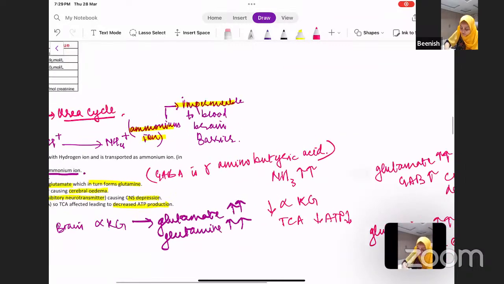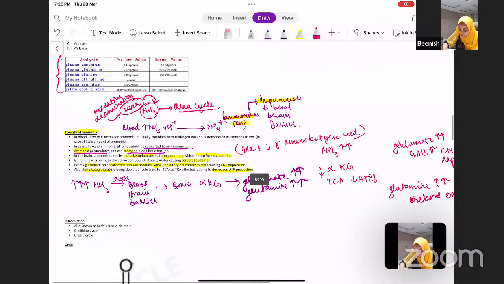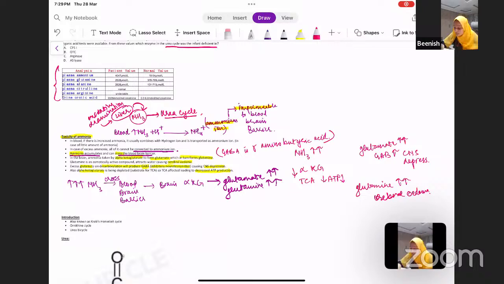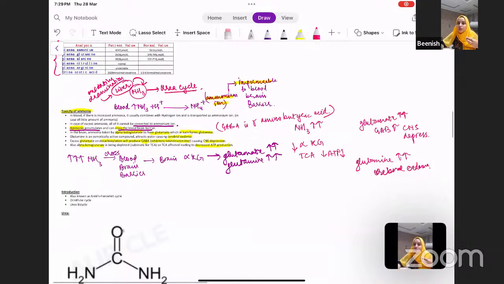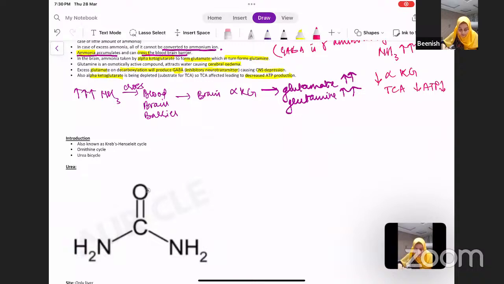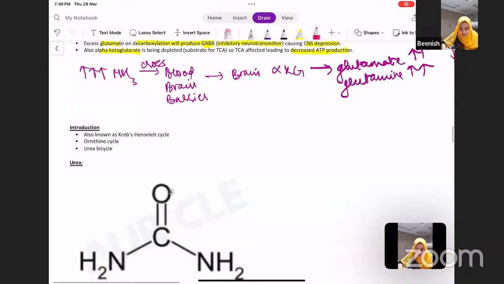So that was briefly about toxicity of ammonia. So now we know why it is so important to handle ammonia carefully until it is excreted from the body. Now let's begin with the urea cycle. So the urea cycle is also known as the Krebs-Henseleit cycle.